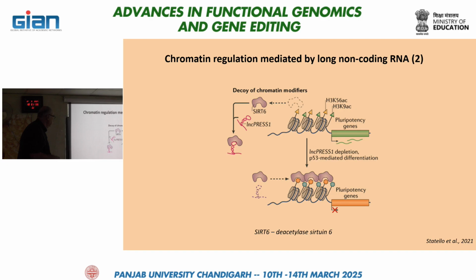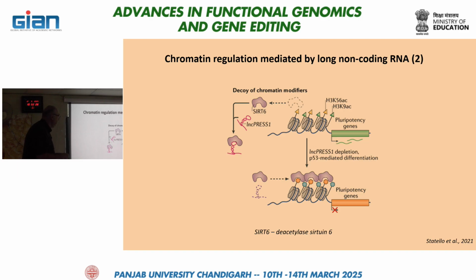But if the deacetylase binds to it and removes the acetyl group, it will be blocked. So in this case, Pres1 does not attract modifying enzymes in a positive way, but in a negative way, because it binds the deacetylase and keeps the gene active.